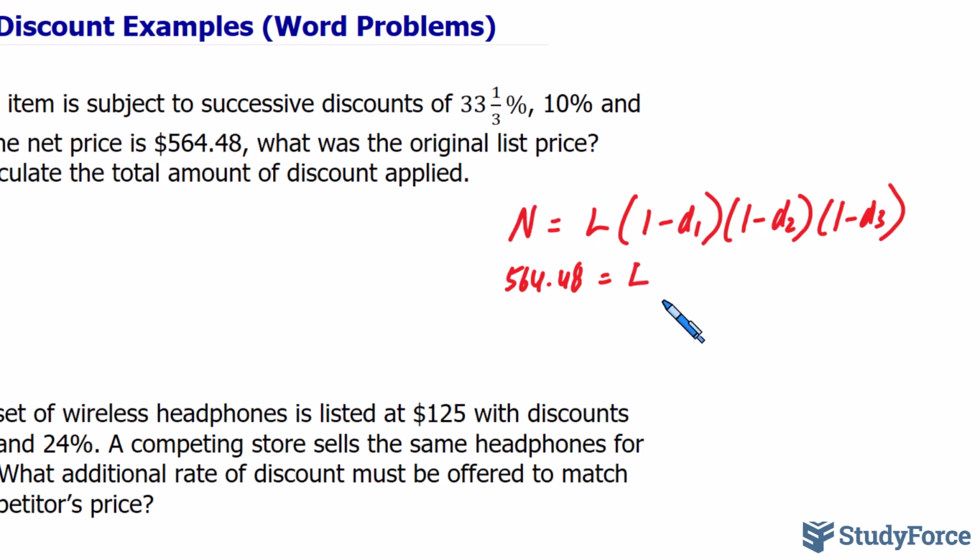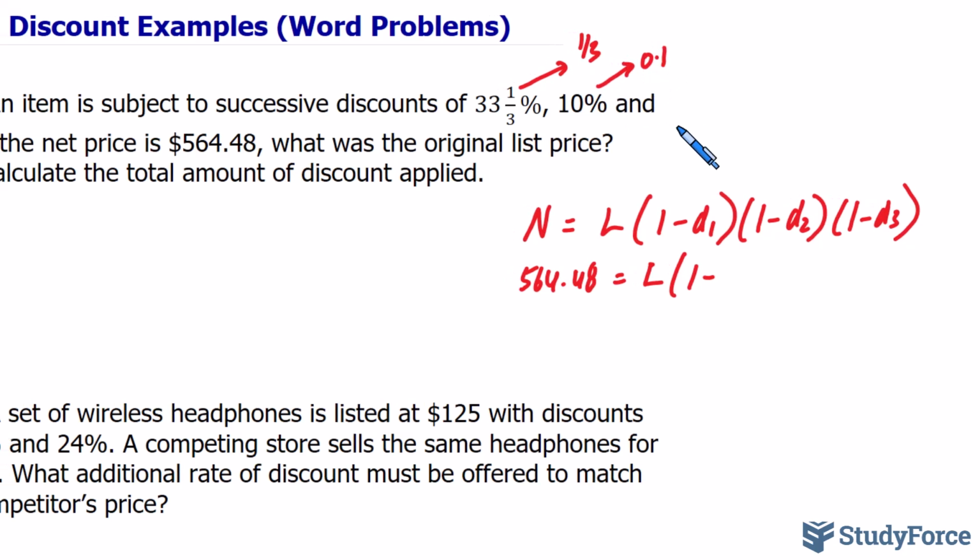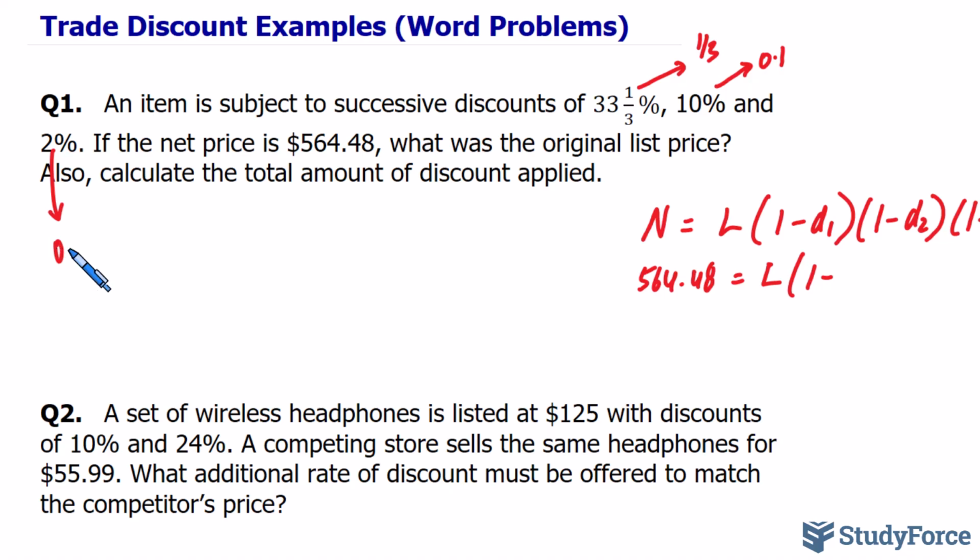So we're looking for capital L, 1 minus, and we need to make each of these percentages into a non-percentage fraction or decimal. Now 33 1/3 is a repeating decimal value if you change it into decimal form. As a fraction, it's 1/3. 10% can be written as 0.1 and 2% can be written as 0.02.